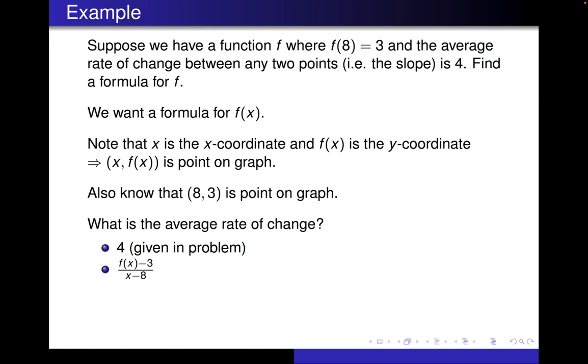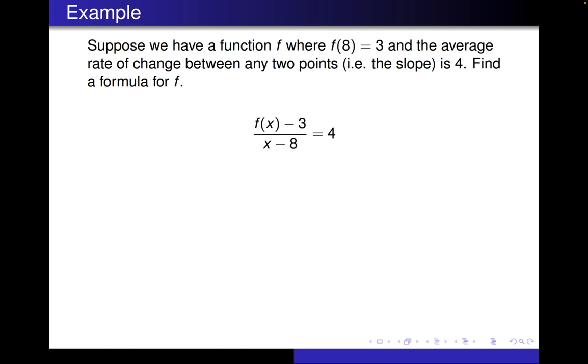In other words, f of x minus 3 over x minus 8, one way of thinking about the average rate of change, is equal to 4, which is another way of thinking of the same average rate of change. Now we can use this equation to find a formula for f of x. We multiply both sides by x minus 8 to clear the denominator.